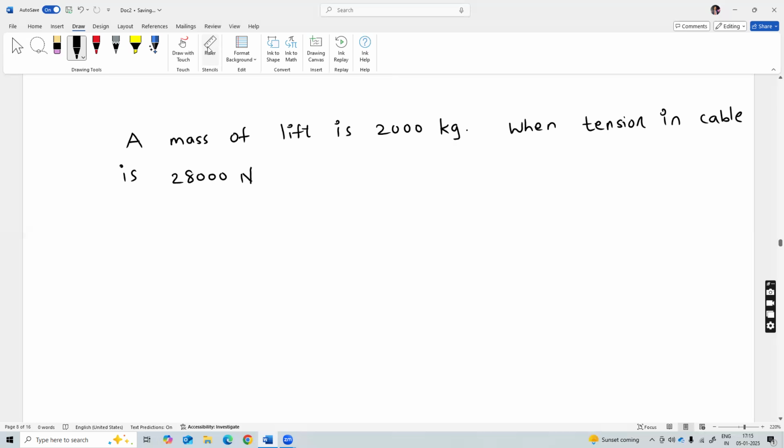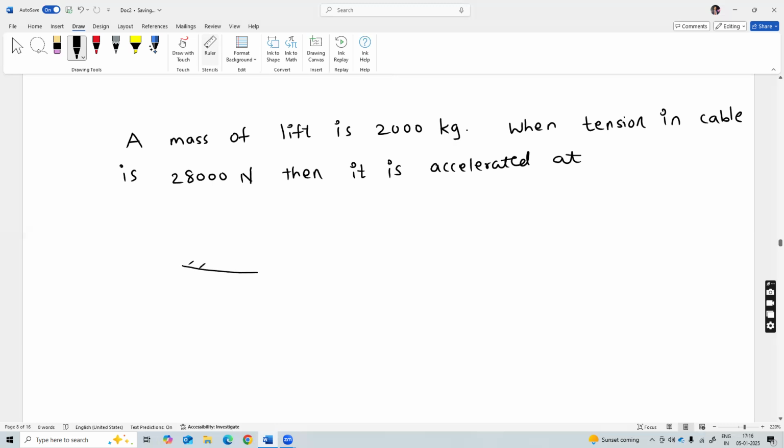Then it is accelerated at... So you have to find the acceleration of the lift, and they have given the tension in the cable.